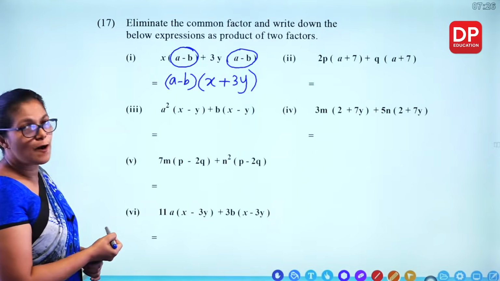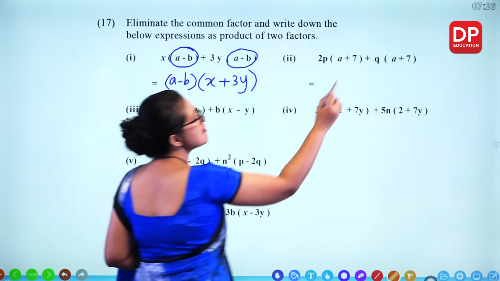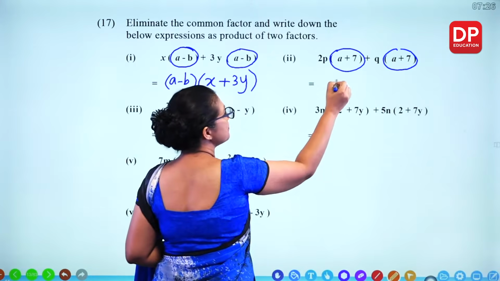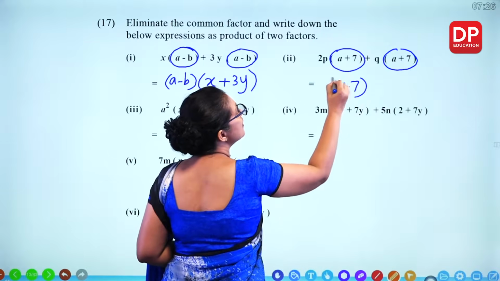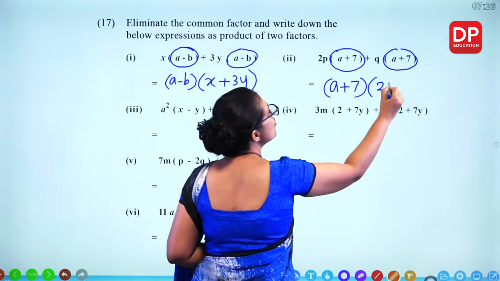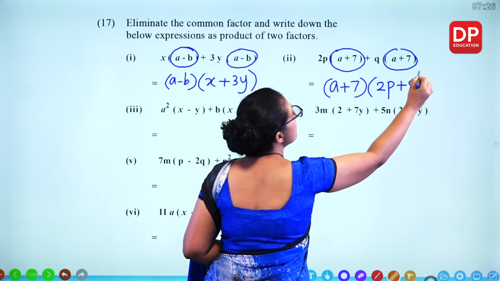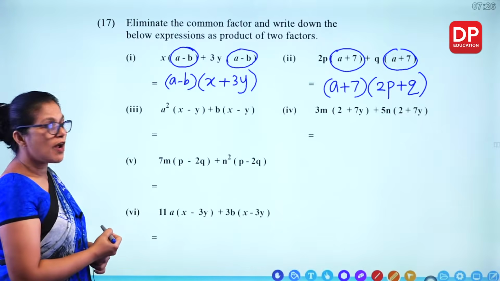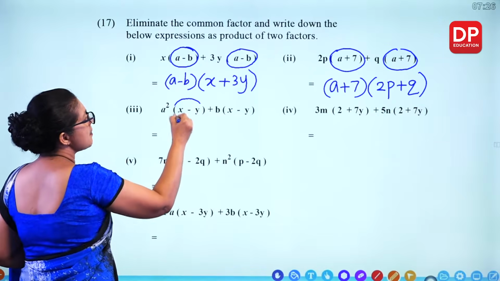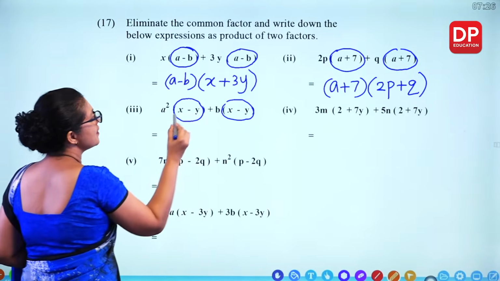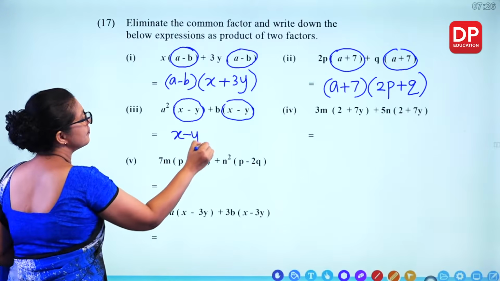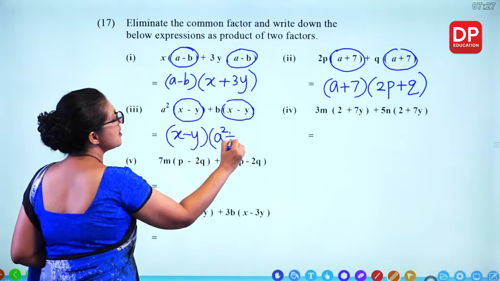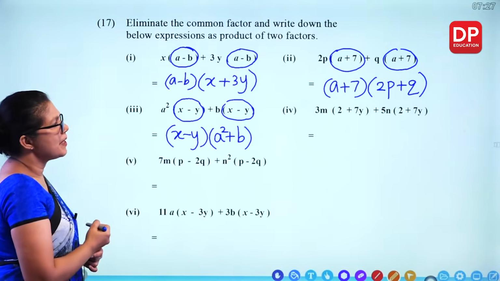This one, what's common? The whole expression is common. A plus 7 is common. Take it out. What's remaining? 2p plus q. This one, try now. X minus y is common. Take it out. The remaining part is a squared plus b.